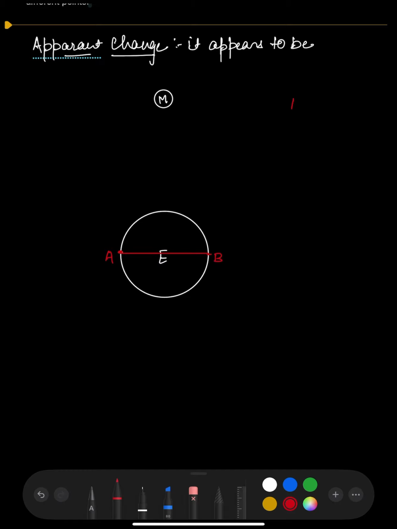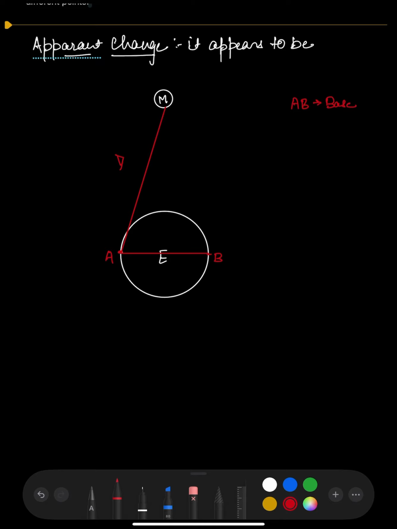AB is the base. If I am looking from A, this is the line that forms, and I am calling it distance D.